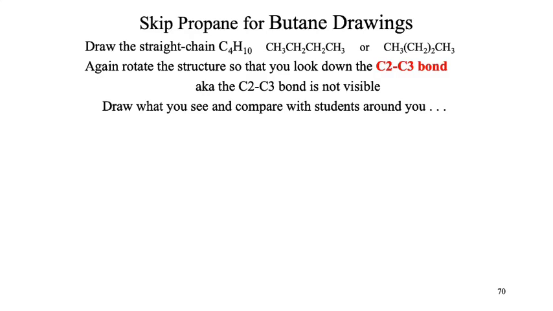No. The Newman projection is sighting down any bond. So I can look down any bond I want. When we move up to butane, I don't want to sight down the 1,2 bond. I want to sight down the 2,3 bond. So that when I now look down that 2,3 bond and I do the same thing of rotations, am I going to get different staggered energies?